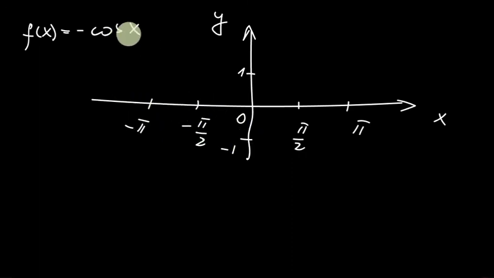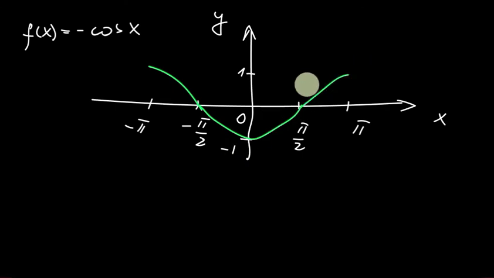When x is equal to 0, it's -1, so it's here. When x is minus pi over 2, it's 0, excuse me. And the same goes here because the graph is symmetrical, so it looks like this, just like that.